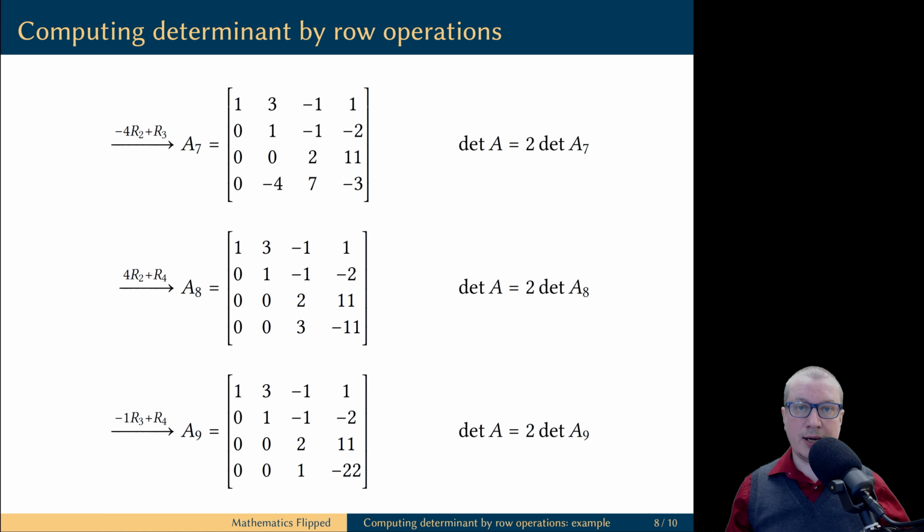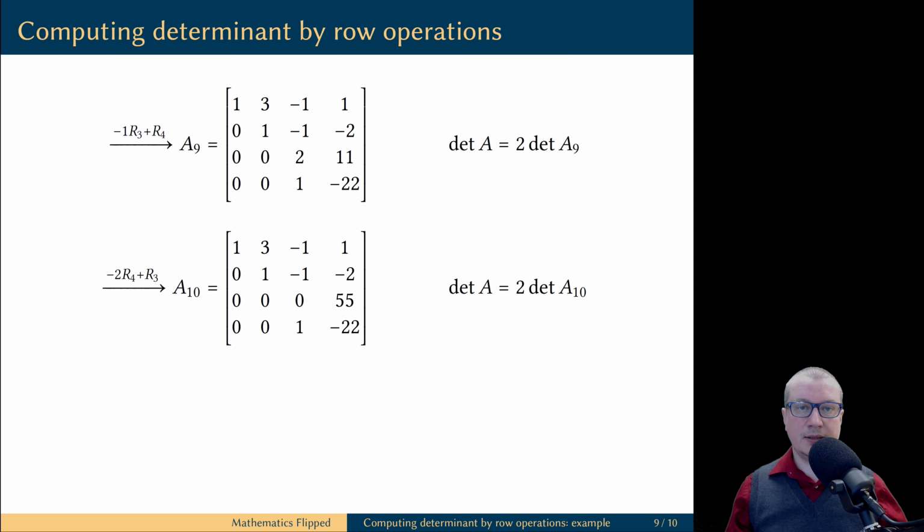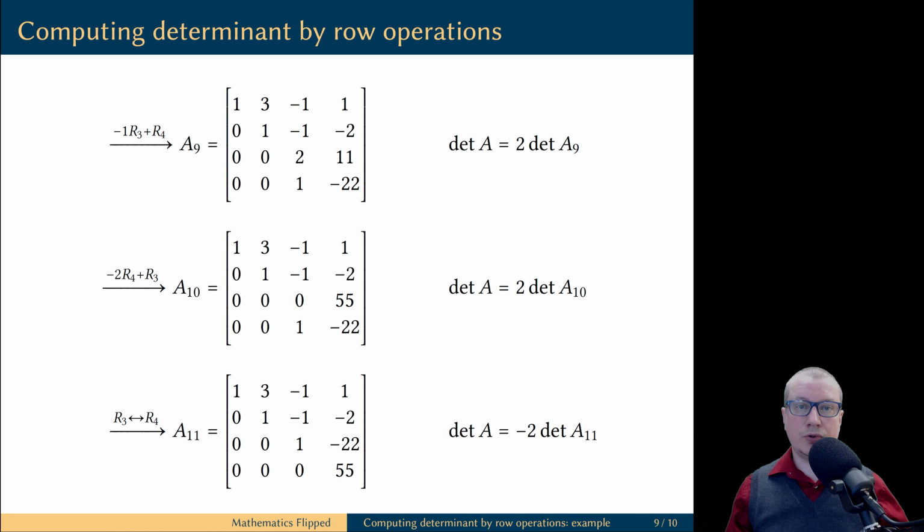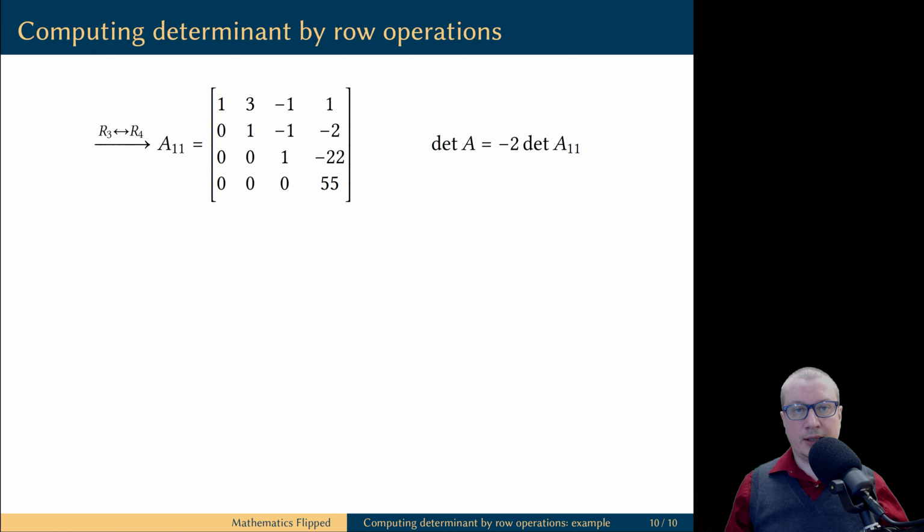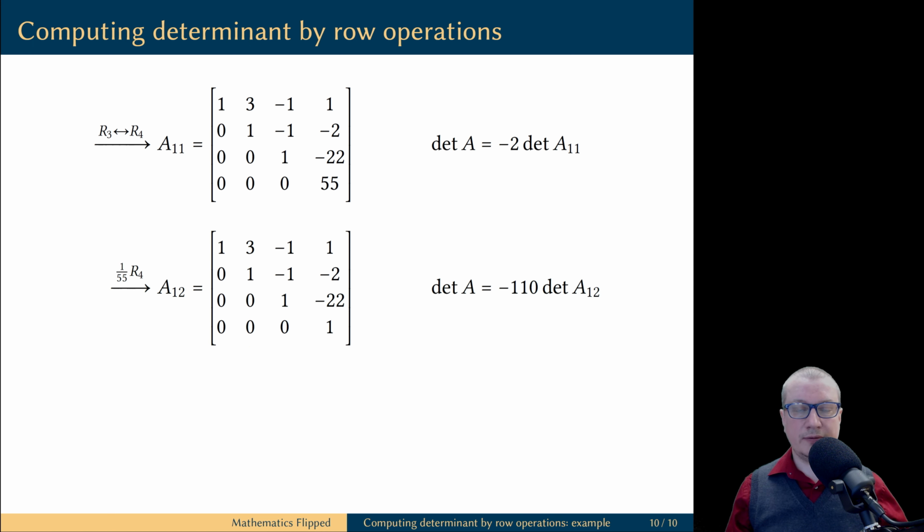The new matrix A9 has the same determinant as the matrix A8. Next, let's multiply row 4 by -2 and add this to row 3. The new matrix A10 has the same determinant as the matrix A9. And then we're going to swap rows 3 and 4. This results in the change of the sign of the determinant. And now, all that remains to do is to scale row 4 by 1/55.